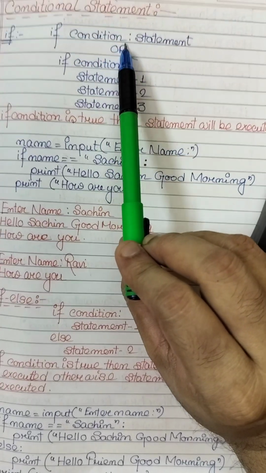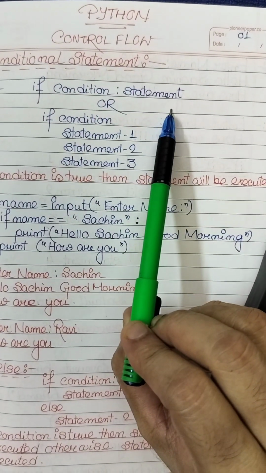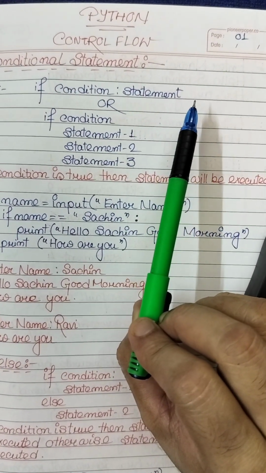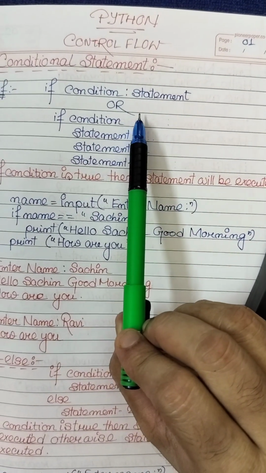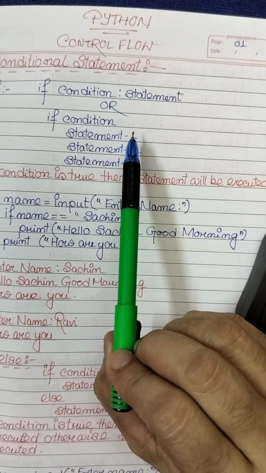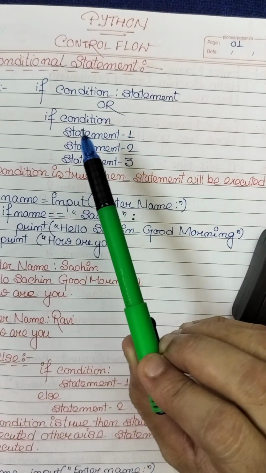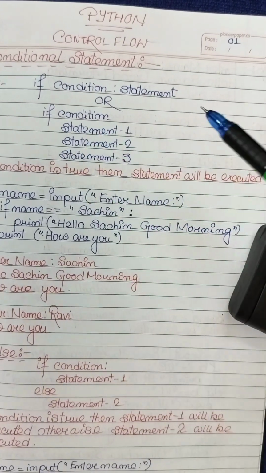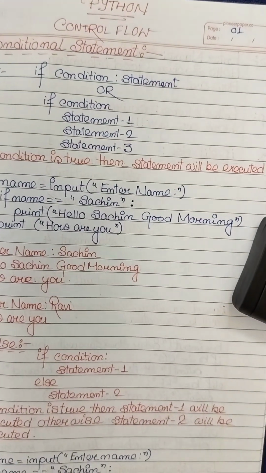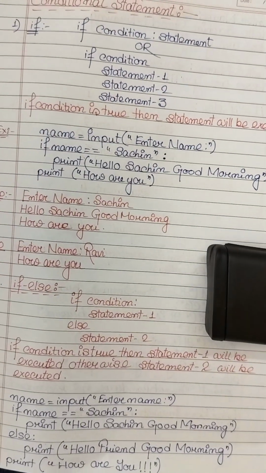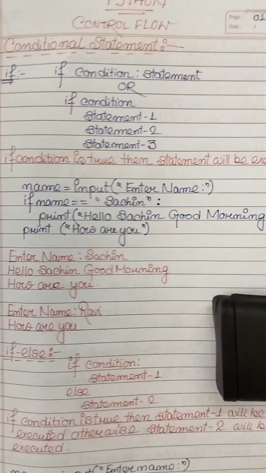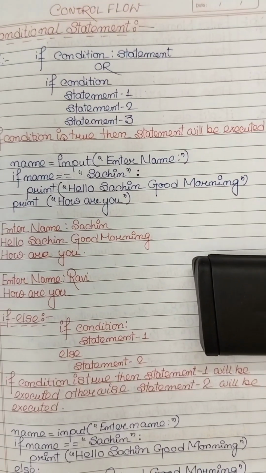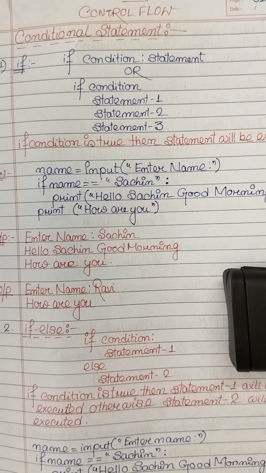If there are three statements under the if condition and the condition is true, then all three statements will be executed. That means if the condition is true, then the statements will be executed, otherwise not.